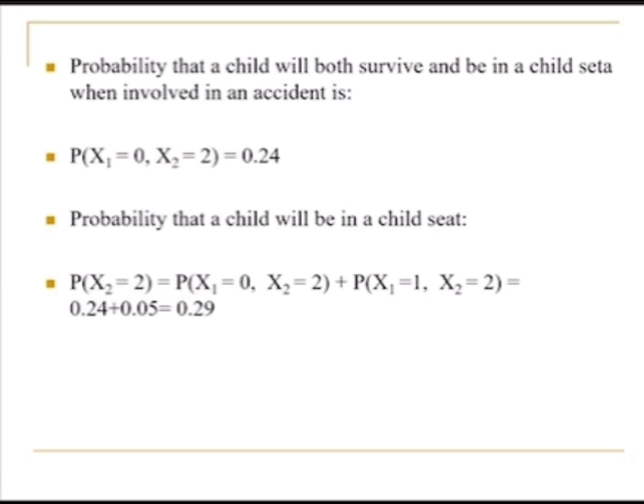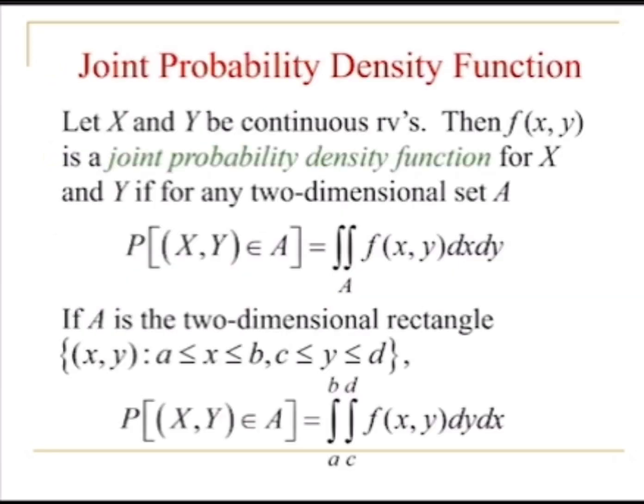Okay, now I quickly want to go from the discrete situation where we have more than one variable to the situation where the two variables are continuous and not discrete.